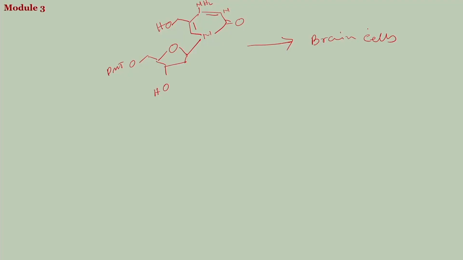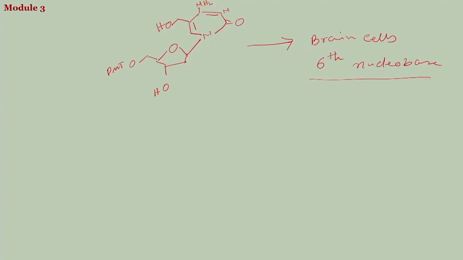The genes obtained in brain cells contain a certain quantity of this variation, and this is known as the 6th nucleobase. So, ATGC and uracil, these are the 5 nucleobases present in living cells, and this is the 6th nucleobase that is sometimes present.